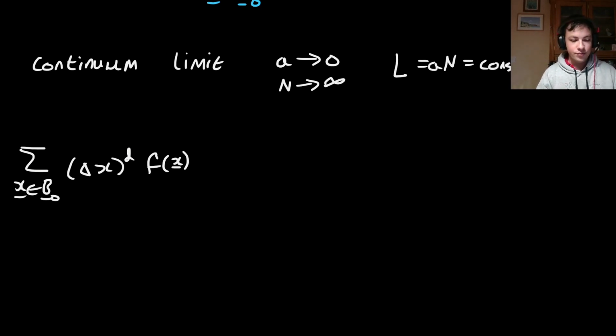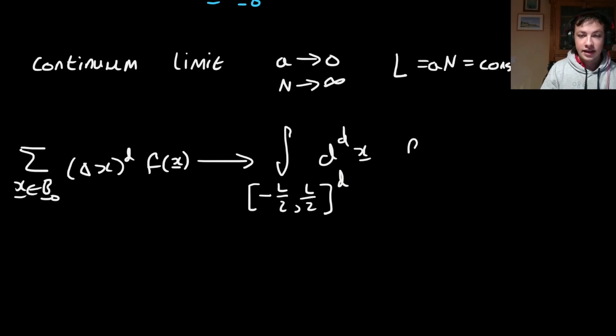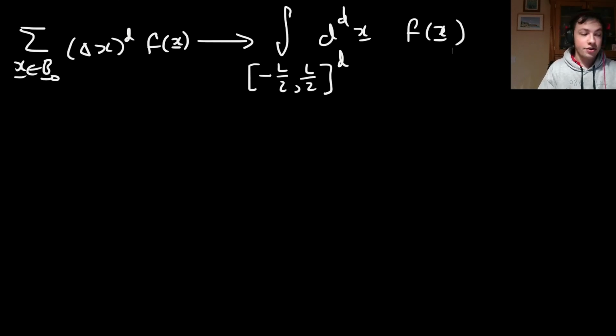We sample at more and more points, and we look at the volume of each point that we sample, and in this limit this is going to go to the integral over this fundamental box. The minus 1 in the end disappears out of this. Obviously, this integral is going to be to the power of d because we're in d-dimensional space, so d dx f of x. This is basically just from the definition of the Riemann integral.